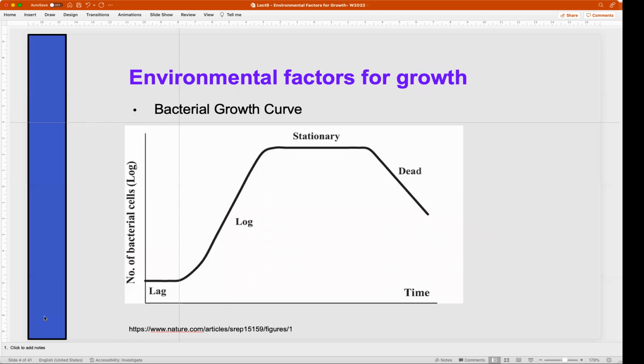So your standard growth curve has this hill shape, and at the beginning there's a little bit of a lag while the bacteria try to accommodate their growth method for the media that they're in. And then there's this phase where it grows exponentially.